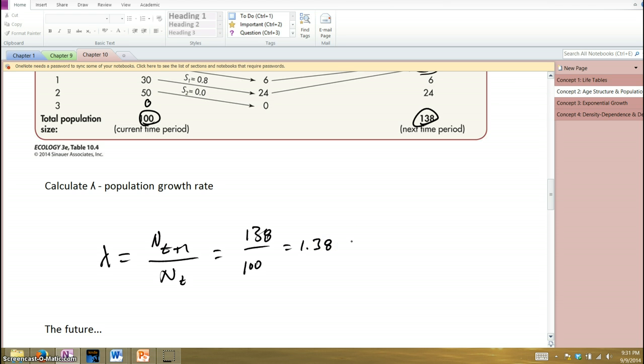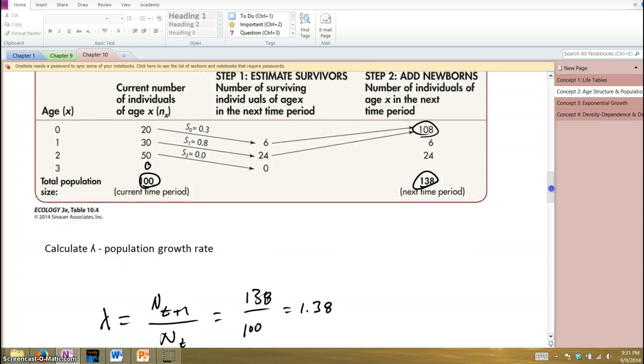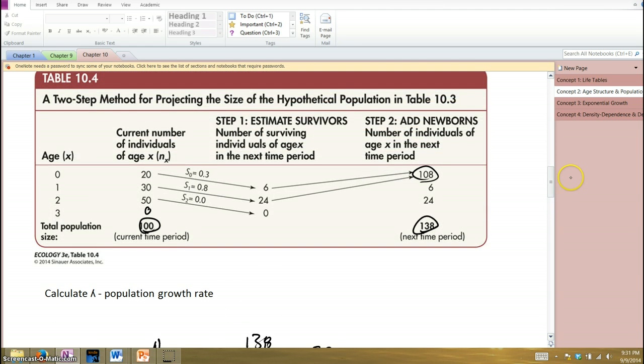A positive growth rate, this is a growing population. Now, I want you to try to stop the video at this point and see if you can figure out what will be the population size and the number of individuals at each stage in the next time period.